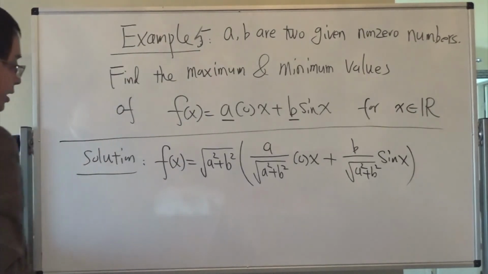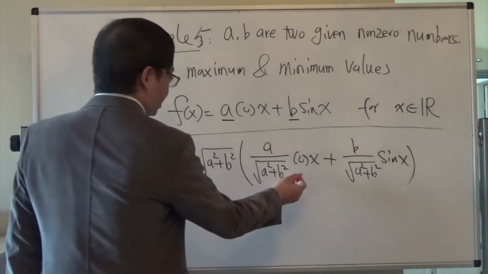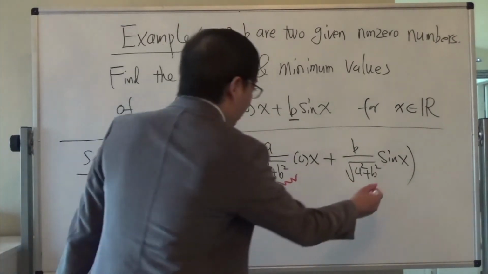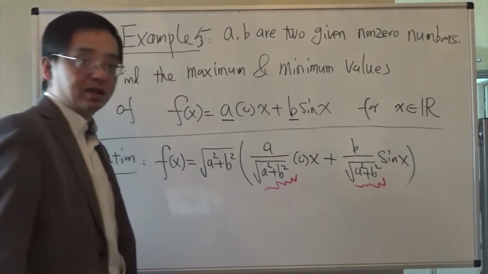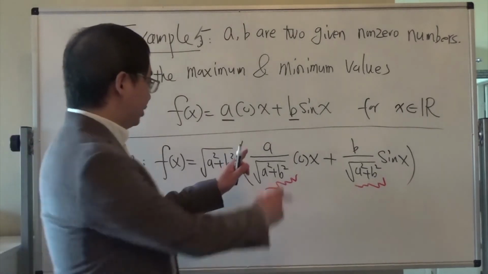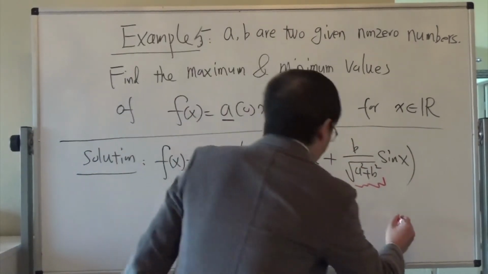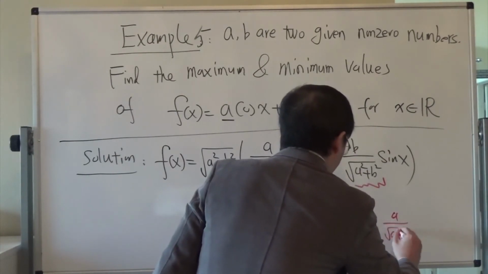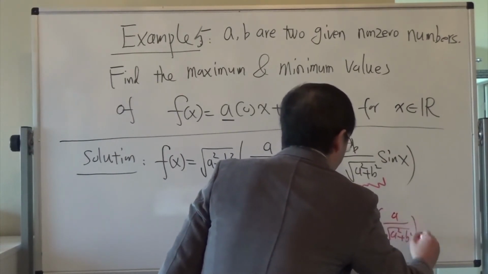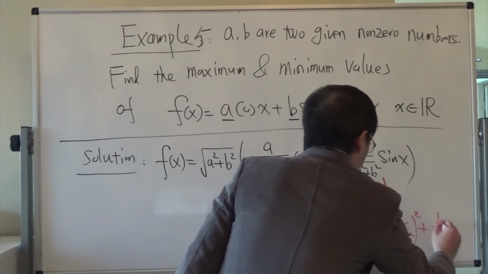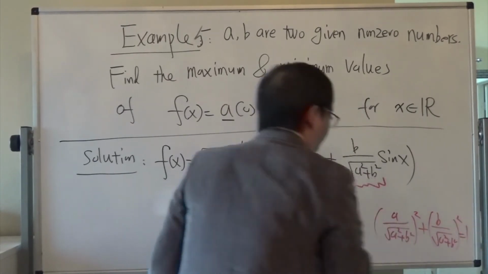Now the point is that when you look at these two quantities, a over the square root of a squared plus b squared and b over the square root of a squared plus b squared, when you square them and add them together, you get 1.